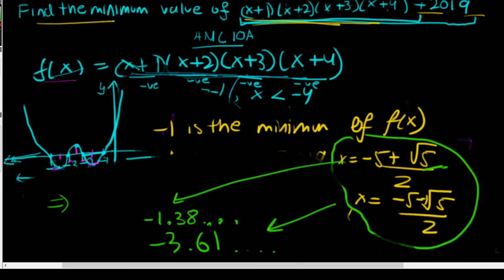And notice that I had said that the function can take a minimum at both of these as well. And that's indeed the case. It takes a minimum at minus 1.38, and it also takes a minimum at minus 3.61.